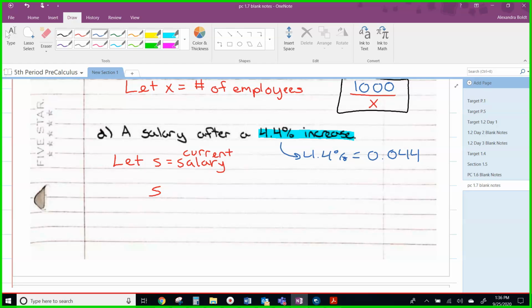So I get to keep all of my old salary, plus I get another 0.044 of that same old salary. So I'm increasing it. These are like terms, and when I add them, I get 1.044x. So if I increase by 4.4%, my new salary will be 1.044 times my old salary.